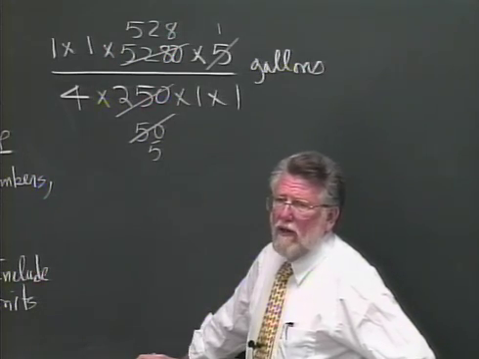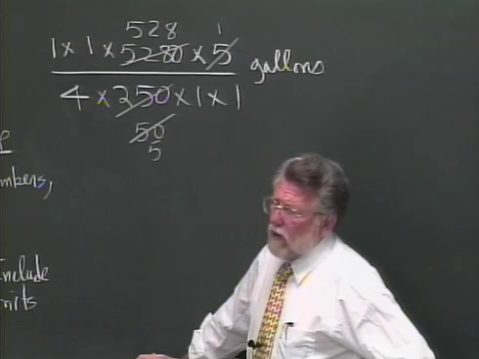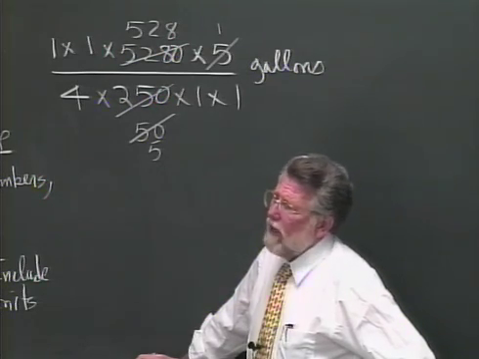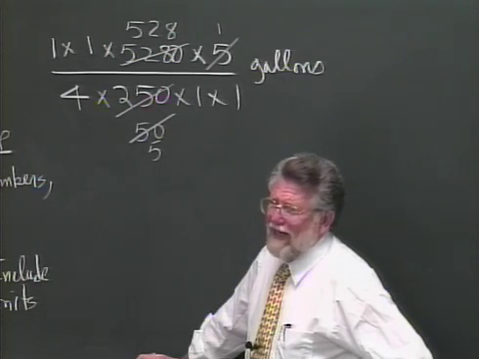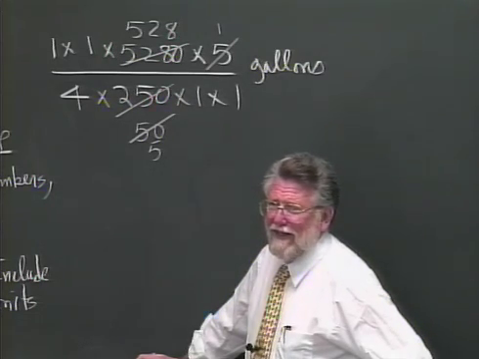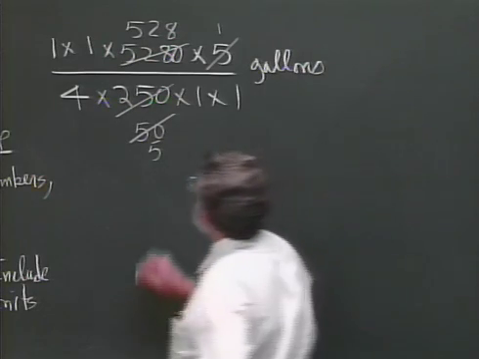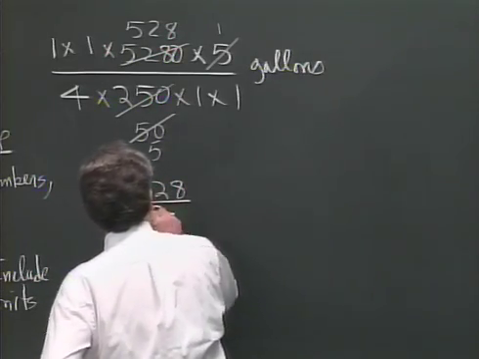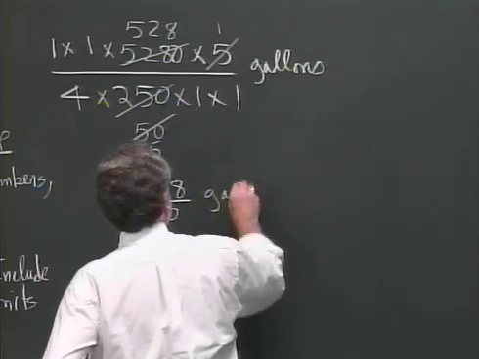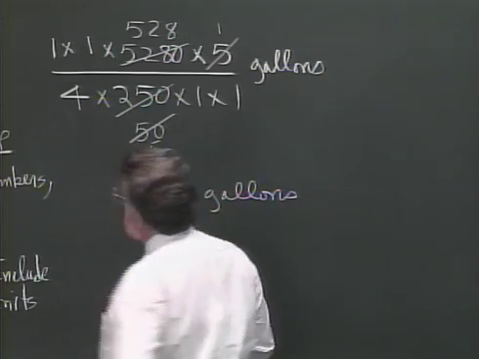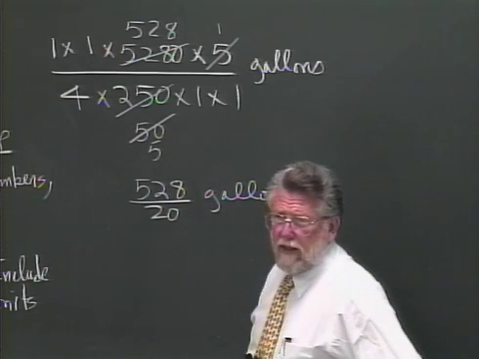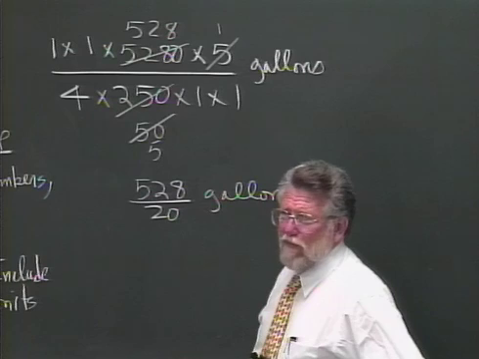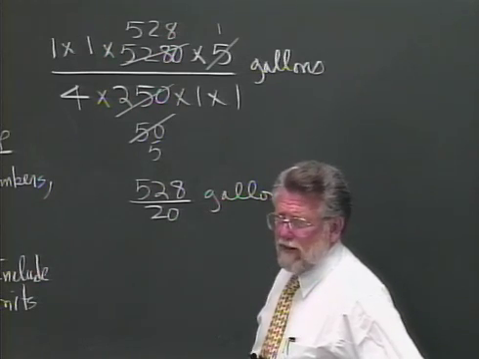Or, here's another solution I like. 4 times 250 is what? Otherwise, right now, I could write it as 428 over 20 gallons. But again, my question is, what is 4 times 250? That shouldn't be that hard. 132, he said. I want 4 times 250.